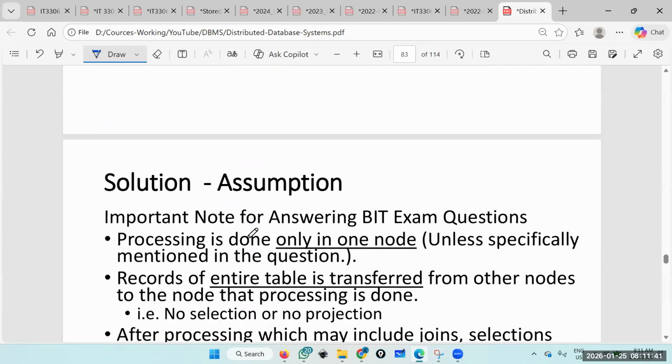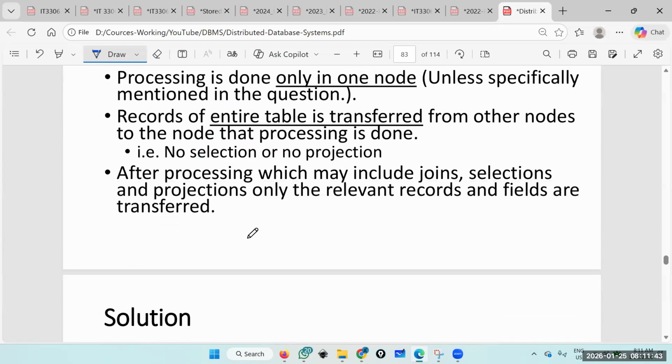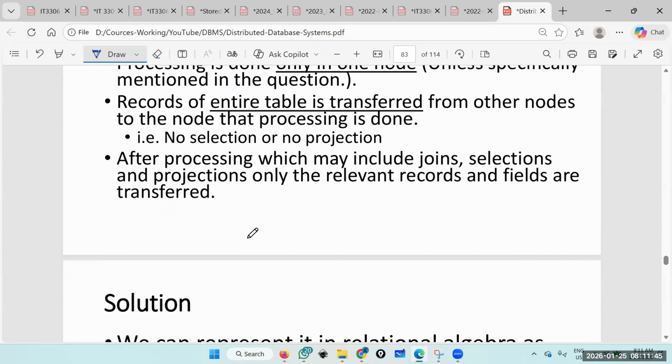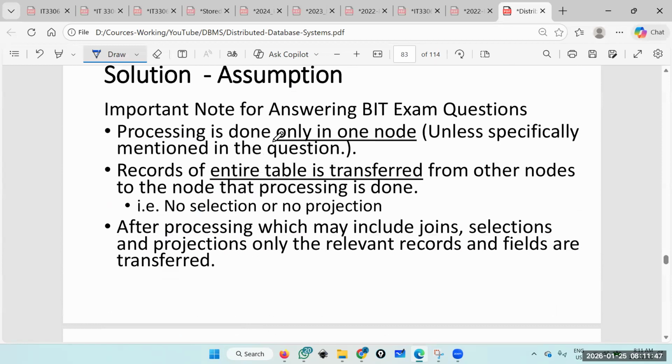So then what are the strategies? Processing is done only in one table, unless specifically mentioned in the question. Records of the entire table are transferred from other nodes to the node where processing is done. That means no selection, no projection at that place. So this is for the exam.